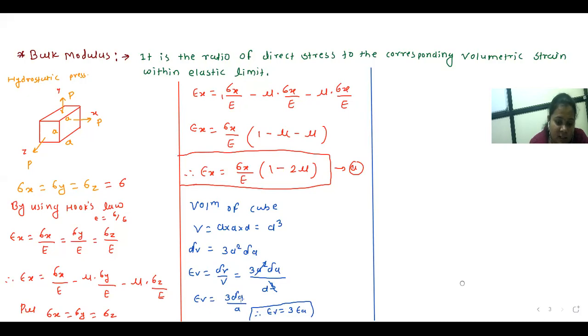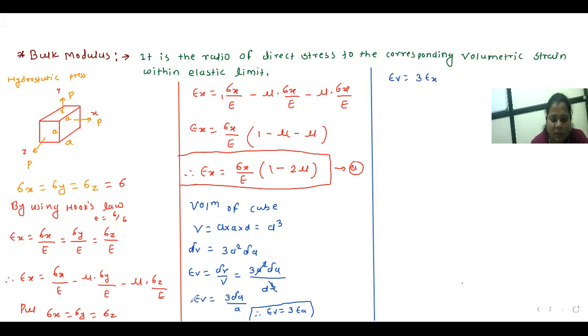This is del A, the derivative. Look, here A square is there and here A cube is there. So we cancelled the square, but one A is remaining. So this is del A upon A. Now therefore epsilon V is equal to 3 times epsilon x.